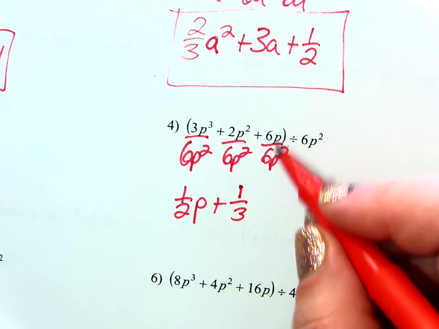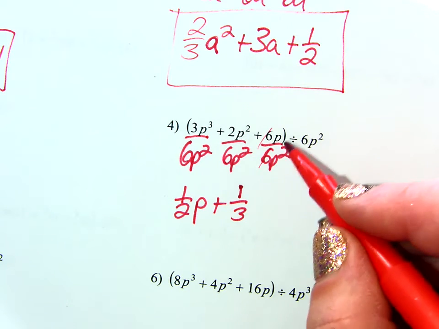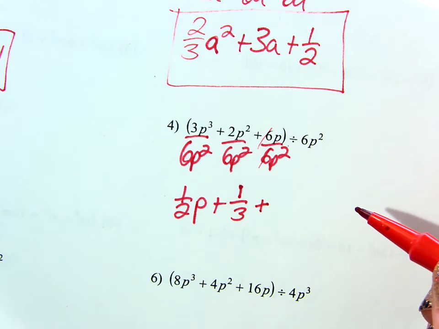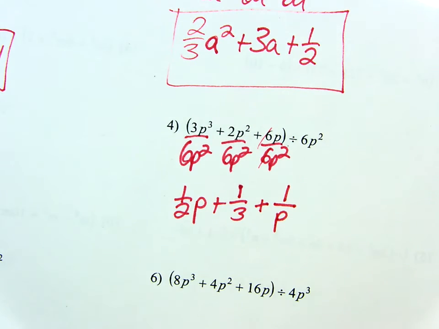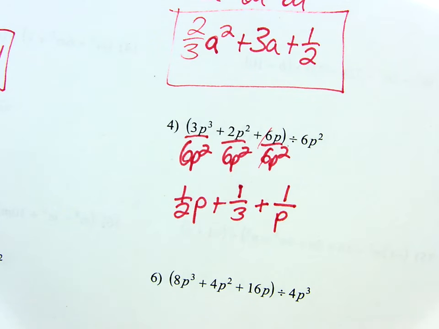But then, look, I have an interesting thing going on here. So 6 over 6 reduces to just be 1, but then what am I going to have with the p's? 1 over 1p. Yeah, I'll have p to the first in the denominator, so make sure you have 1 over p. So that can happen too if your monomial has a higher degree than any of your terms does. That's fine, so you would just have a variable down the bottom.